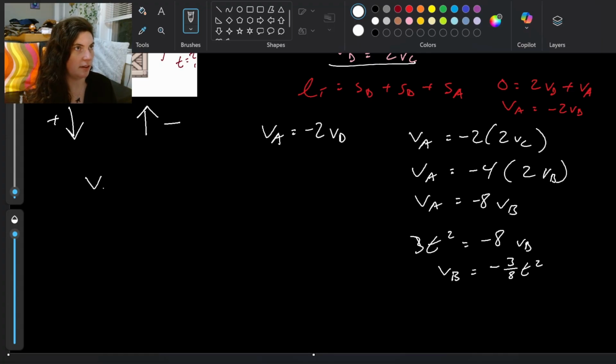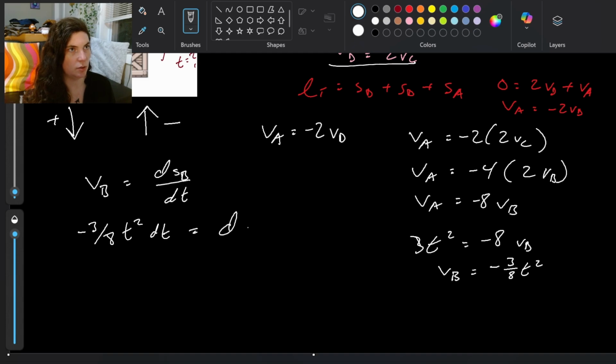So we have VB is dSB/dt. I plug in VB over here, that's -3/8 t squared dt equals how that position of B is changing. And then I can integrate either side, and by either side, I really mean both sides.